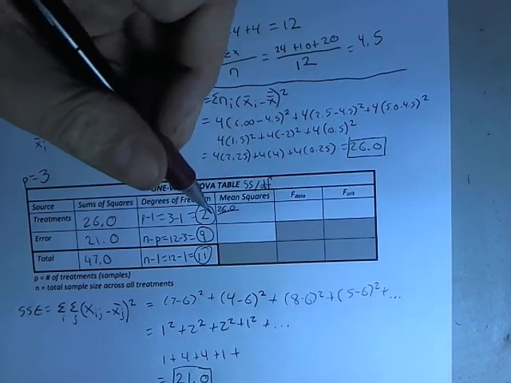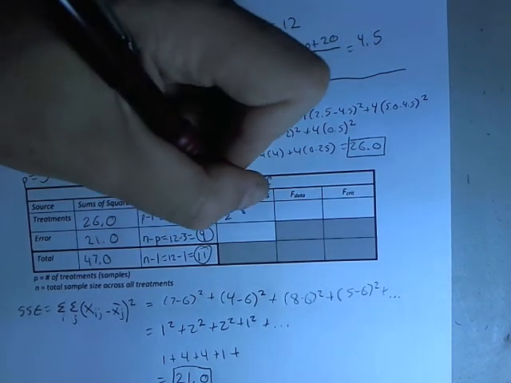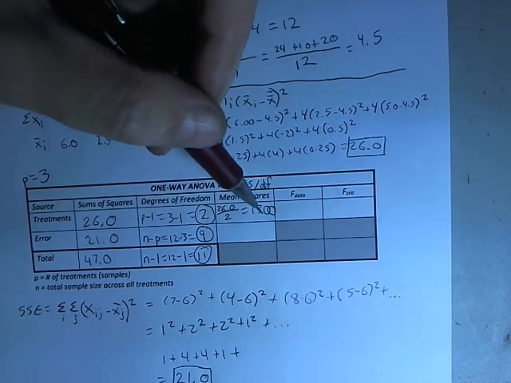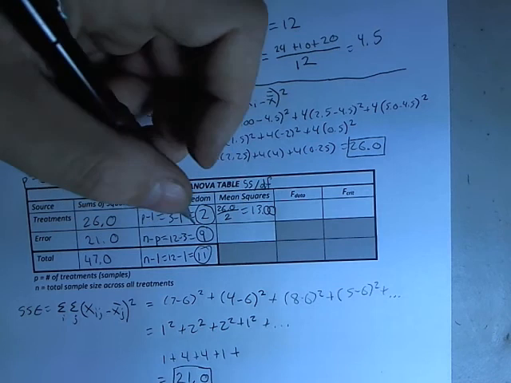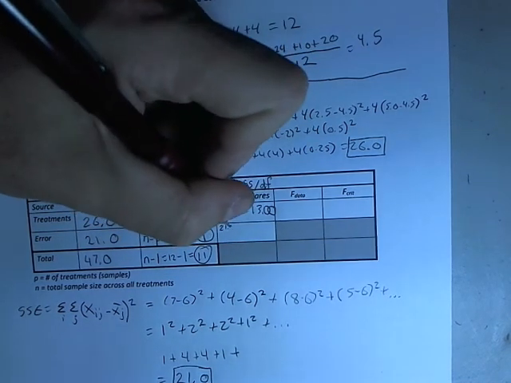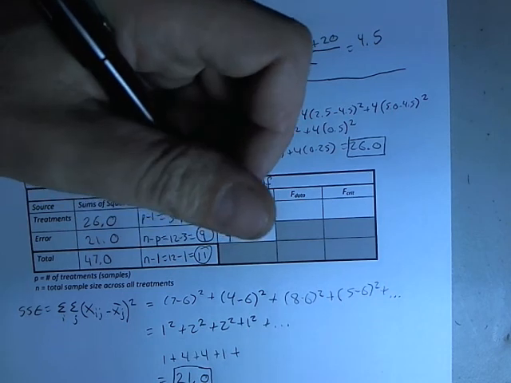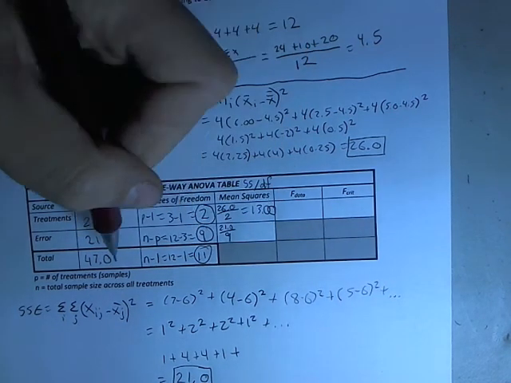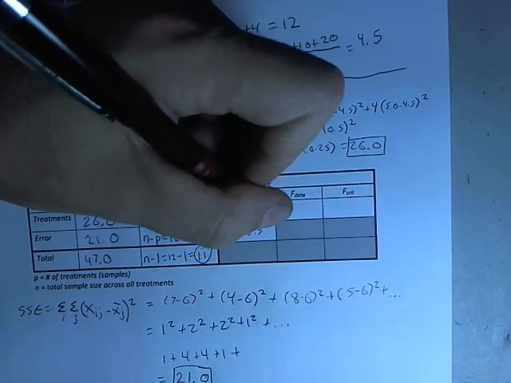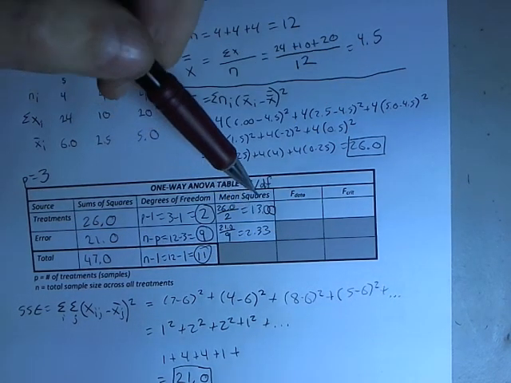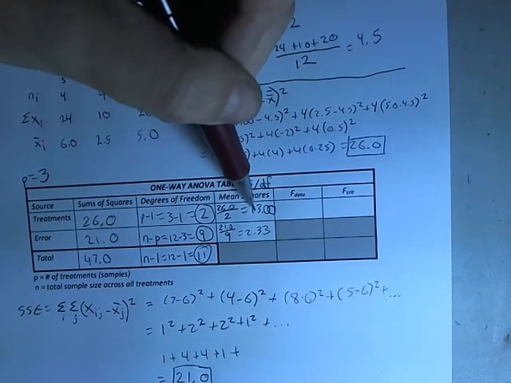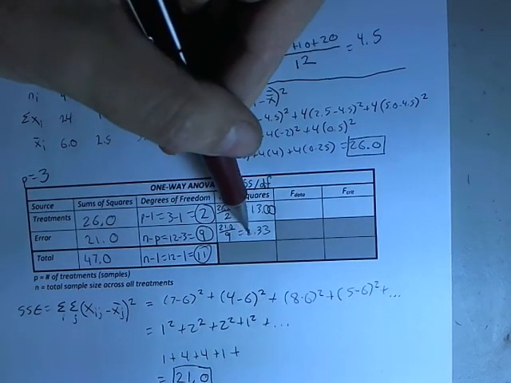Dividing that by the degrees of freedom treatments, 2, I'm going to come up with a MST value, mean squares treatments, of 13.0. Likewise, taking my sum of squares error, 21.0, dividing that by 9, which is the degrees of freedom error, we're going to come up with a value of 2.33.